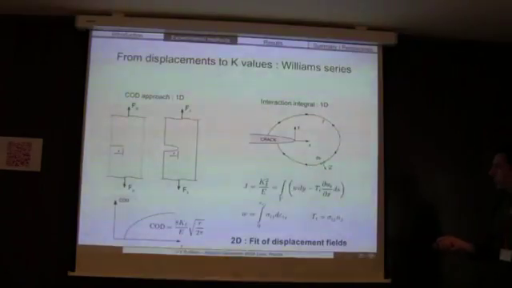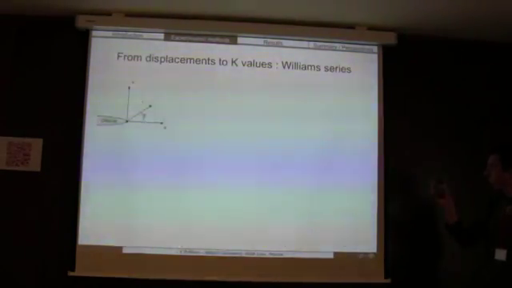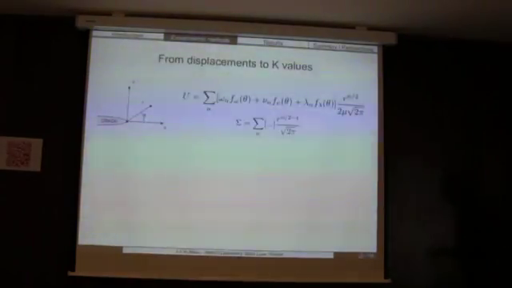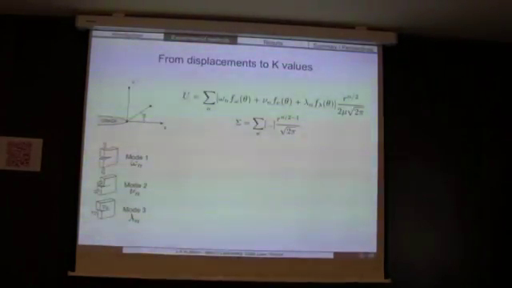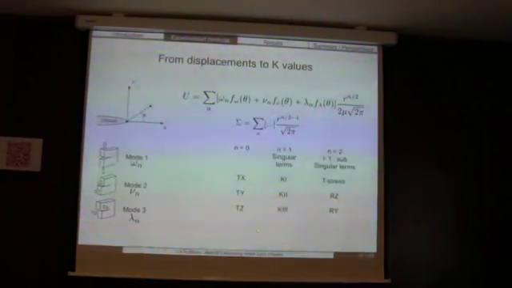So we are going to use the 2D information, but in different planes. So we basically use this Williams series approach, where you have some terms here which give you several pieces of information. You get the rigid body translations, you get rotations and T-stresses, and K1, K2 and K3.